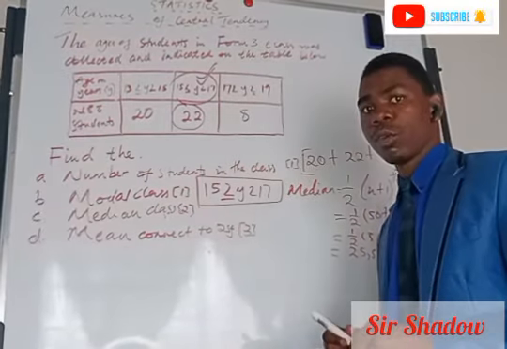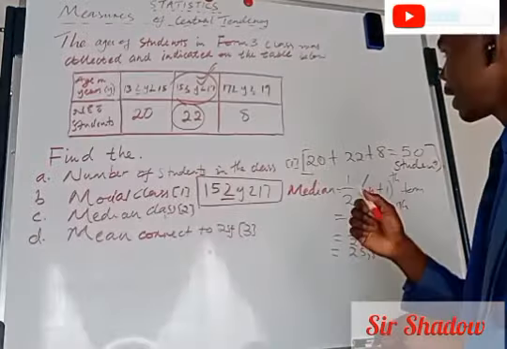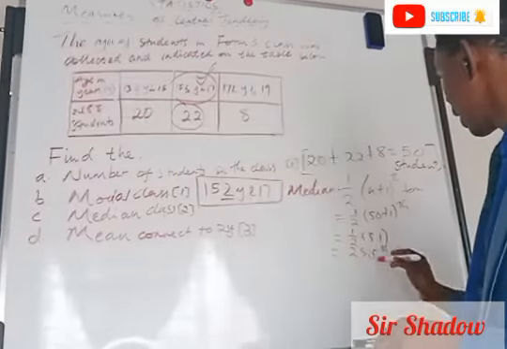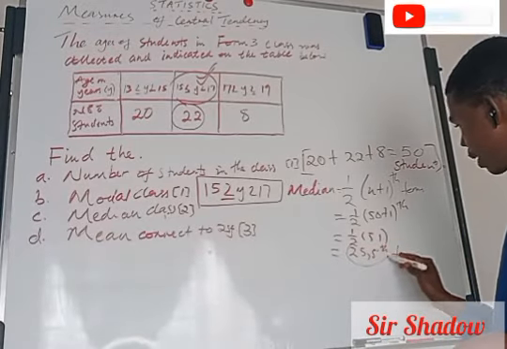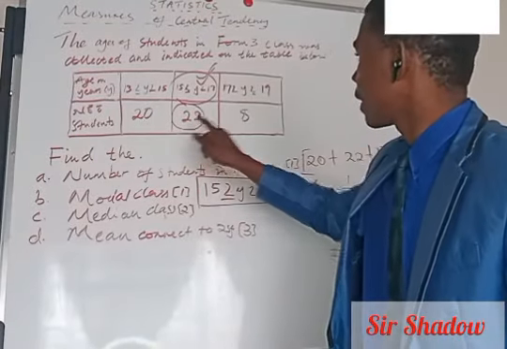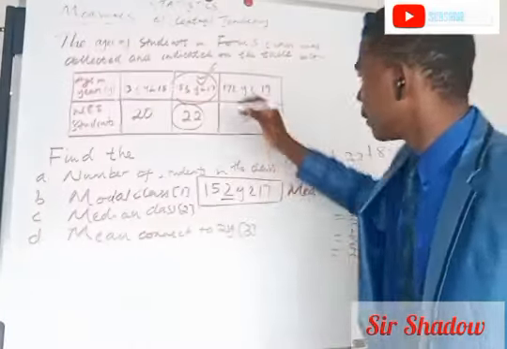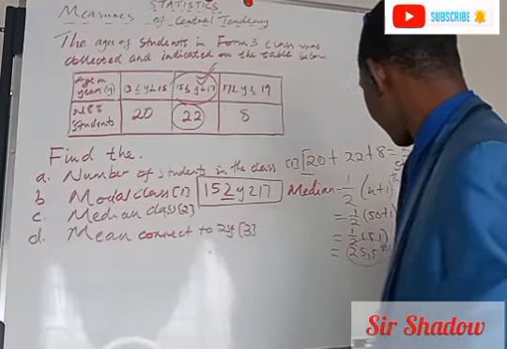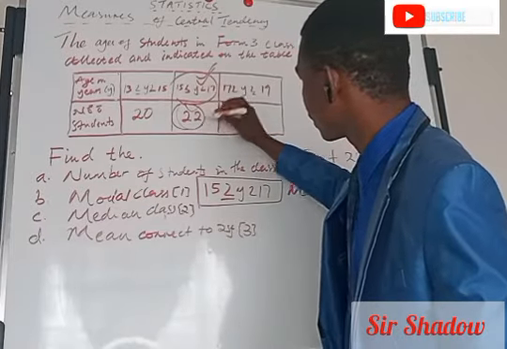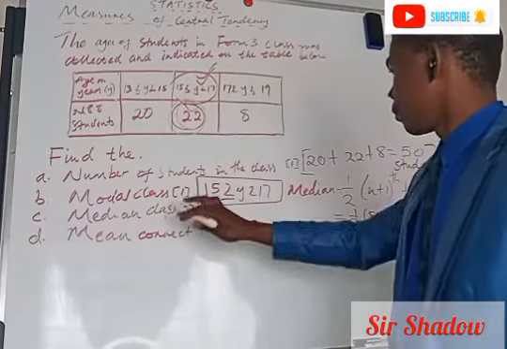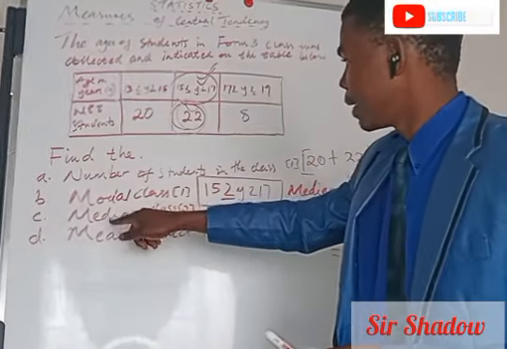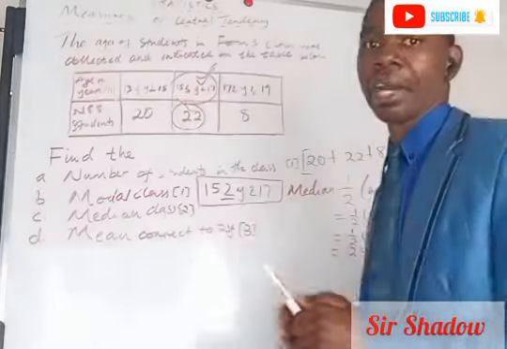Then we have to collect the value where, after adding the first and the second, we reach this 25.5 term. So we are saying 20 plus 22 is 42, which means we are getting the 25.5 term in this range. So if it's the median number of students, then we have to collect this one.